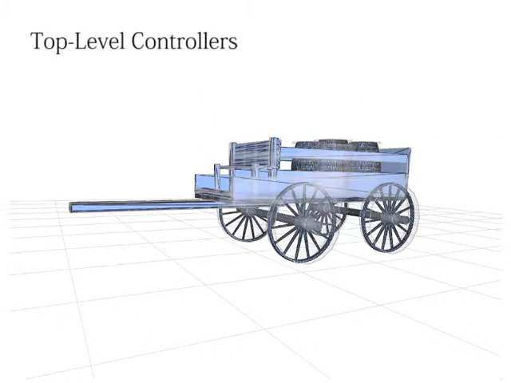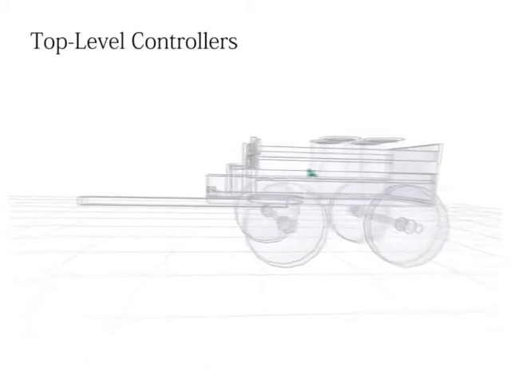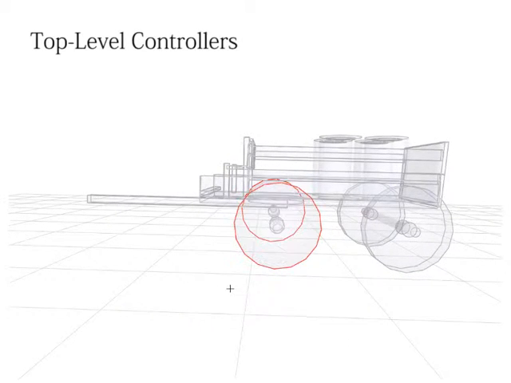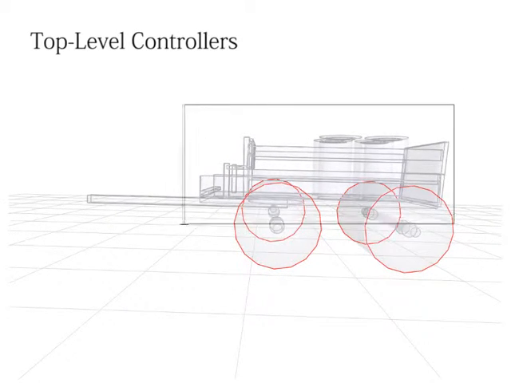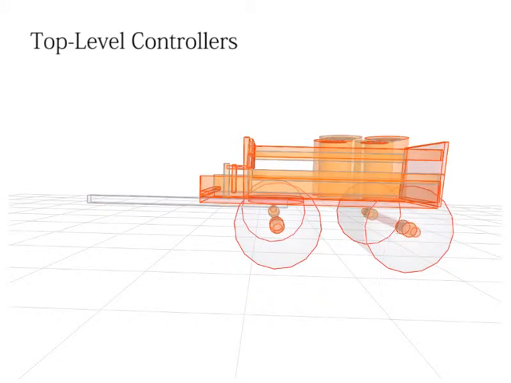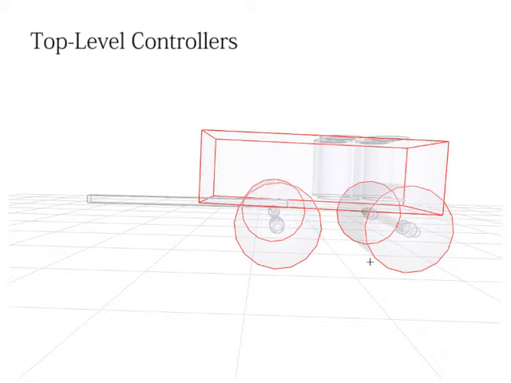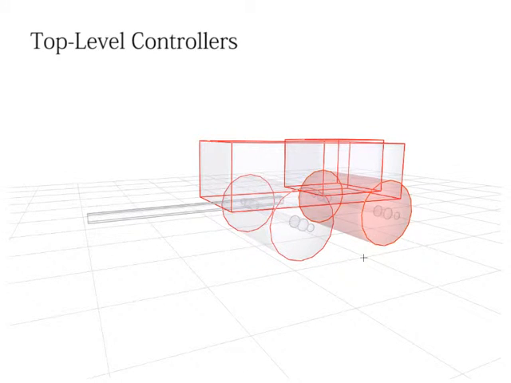Our system supports hierarchical controller organization to facilitate easier editing. The controller hierarchy is formed by a series of grouping operations. During editing, the user manipulates only the top-level controllers.